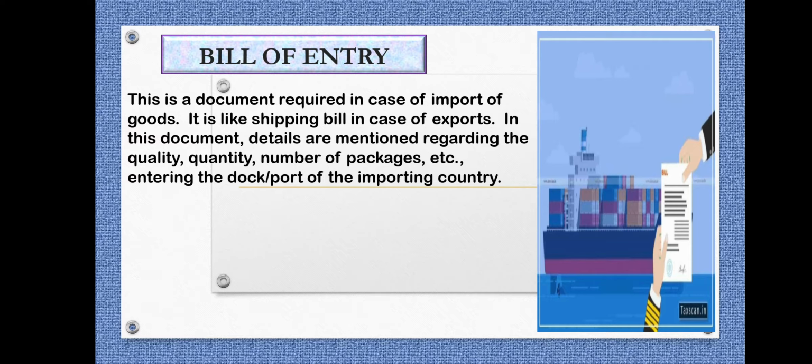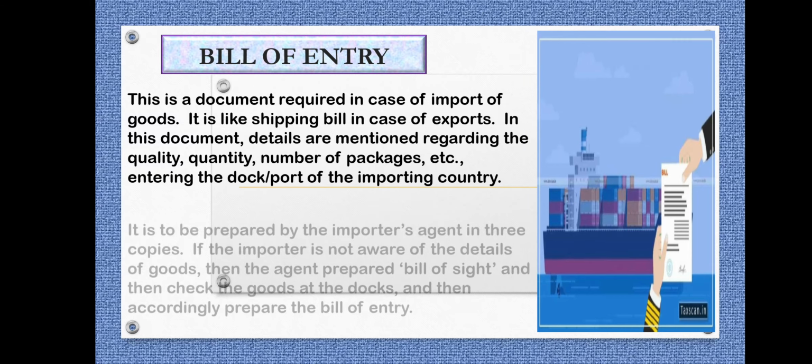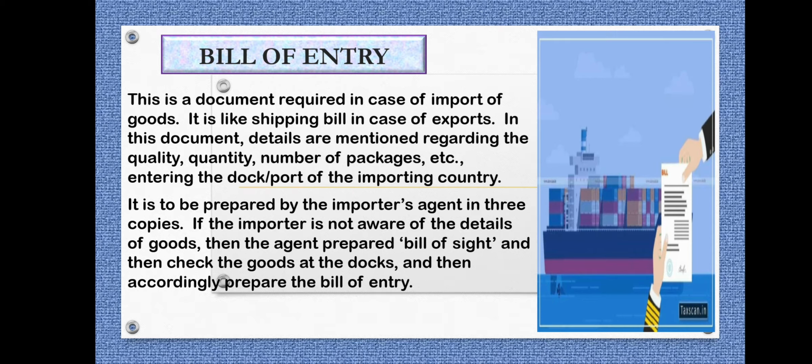In this document, details are mentioned regarding quality, quantity, number of packages, etc., entering the dock or port of the importing country. It is to be prepared by the importer's agent in 3 copies.